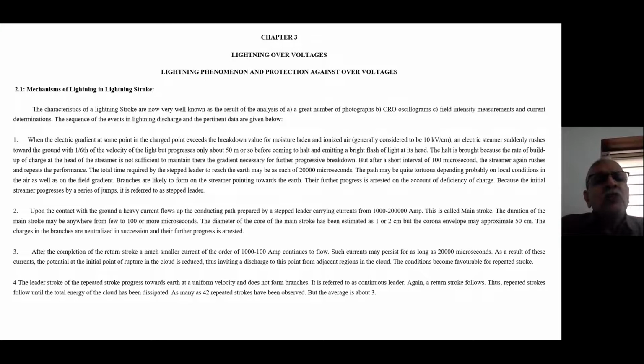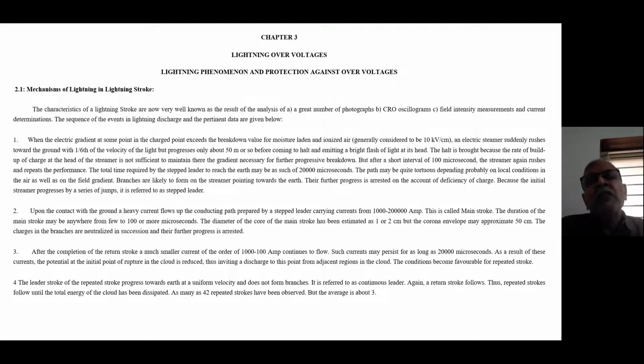What happens is that in monsoon season there are clouds moving, and when clouds are rubbing, because of the rubbing action the cloud gets charged. Charged means Q, and between cloud and ground there is air, which is a capacitor.